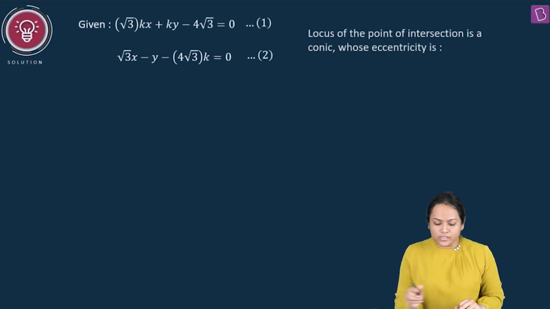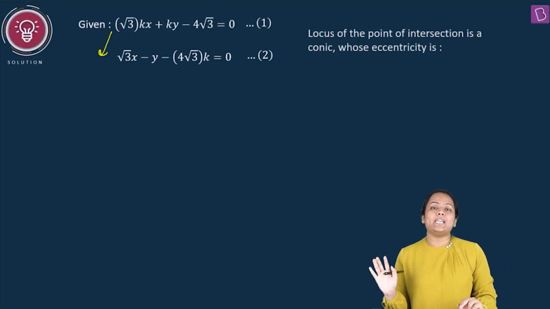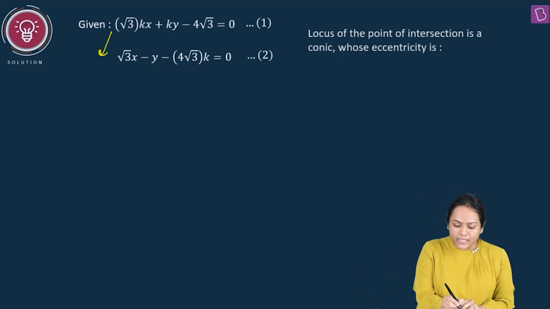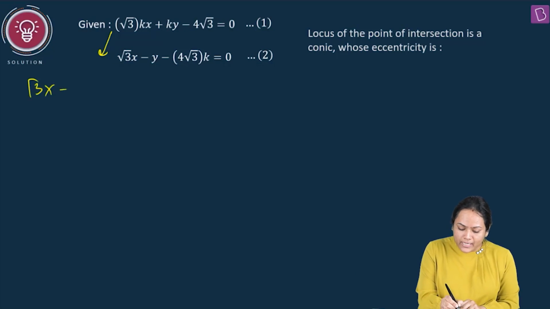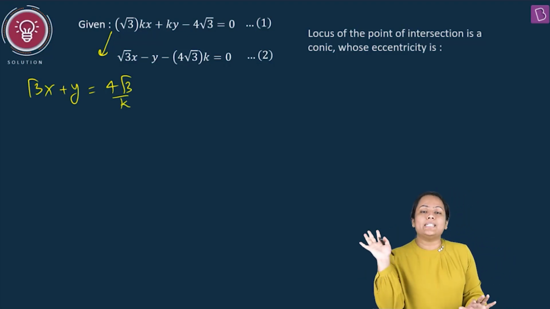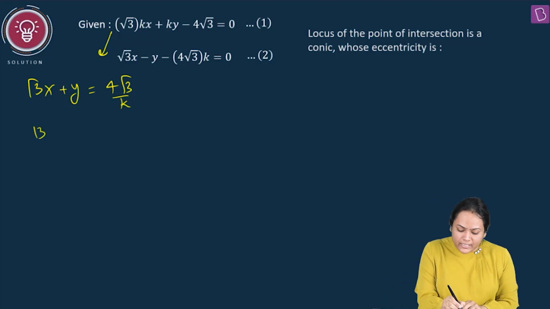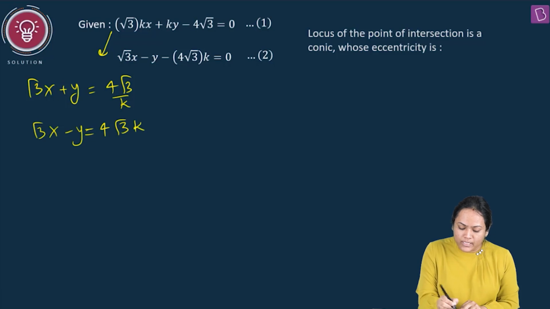Okay, so first we have to definitely learn how to eliminate this k. So what I'll do is, in my first equation, I'll divide the entire equation by k. So when I do that, it's going to become root 3x plus y is equal to 4 root 3 by k. I'm taking 4 root 3 on my right hand side. Similarly, in my second equation, I'm just writing it as root 3x minus y is equal to 4 root 3k.